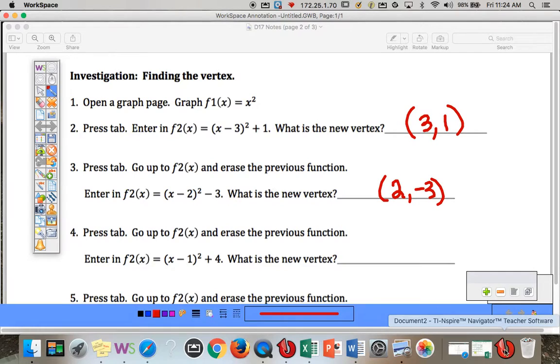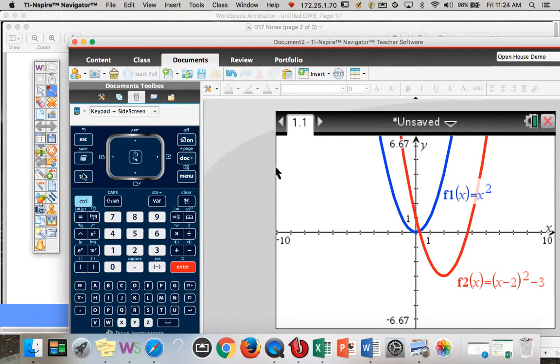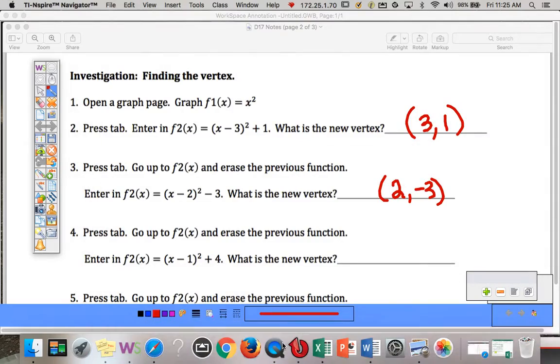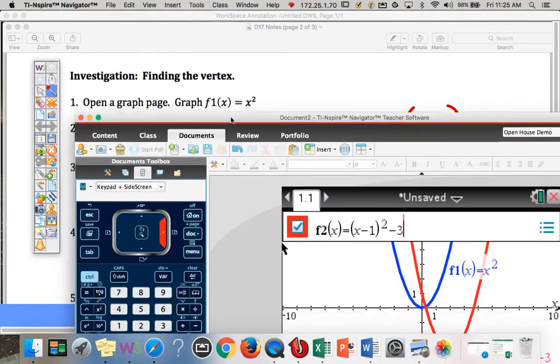Let's try it again and look for a pattern. So erase, type in x minus 1 squared plus 4. And you can make a prediction on where the vertex is going to end up.